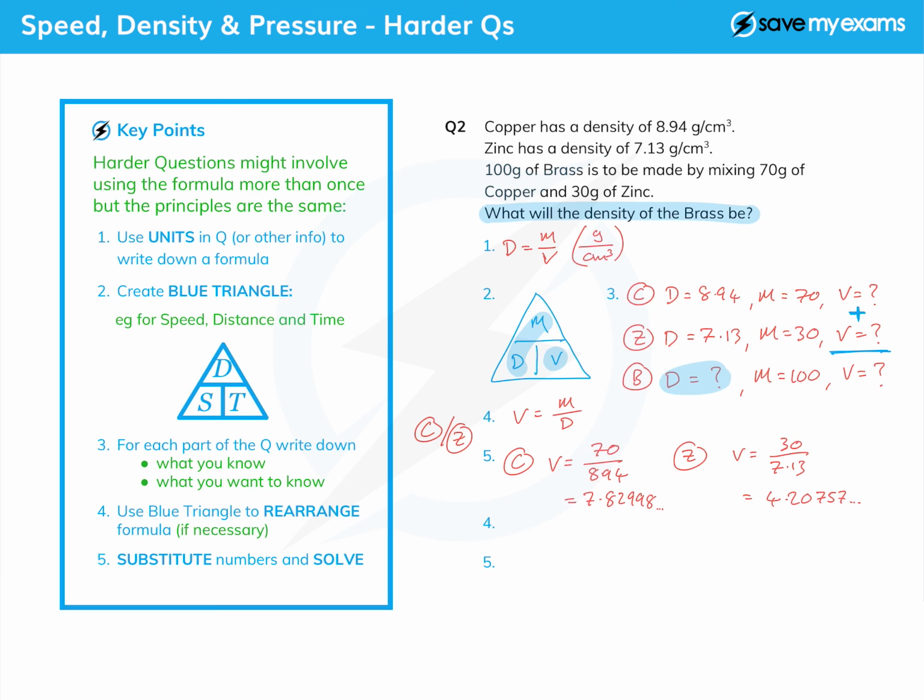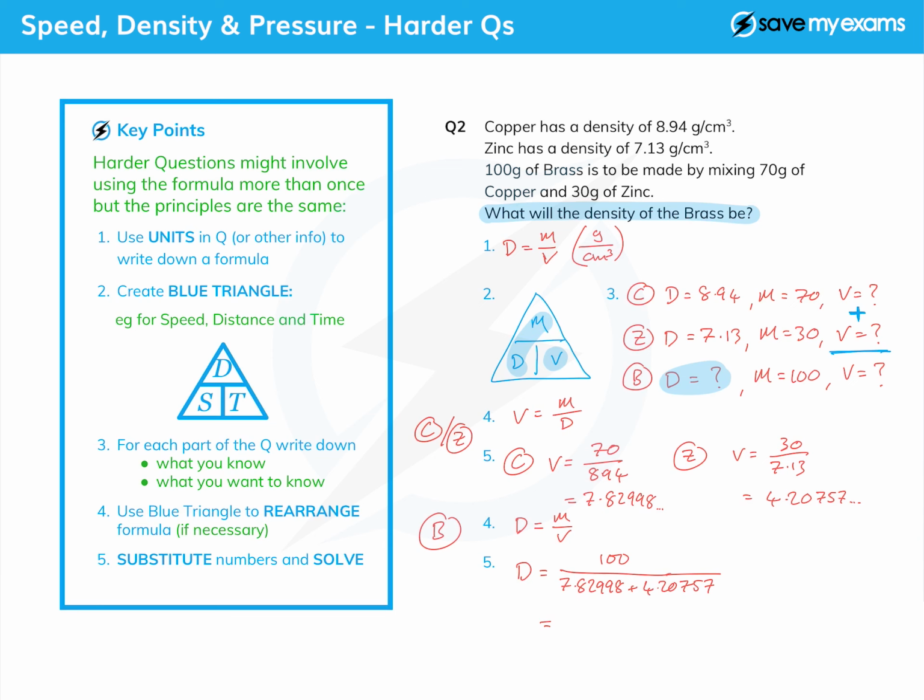So now we're going to work with brass, and we're asked to find the density. Well, I've already written down the density formula, although I could use the blue triangle again. I can just write down that density is mass over volume, and for the brass, that's 100 over the two volumes we've just found, 7.82998 plus 4.20757.